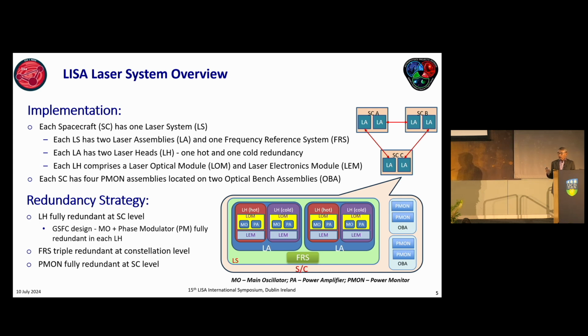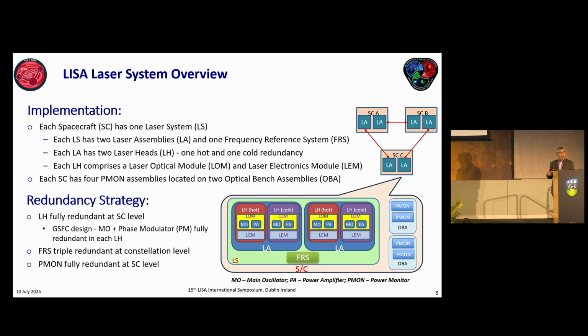And also, as mentioned by Yiwon this morning, we have the PMON, the power monitor detectors that will be located on the optical bench. There are 2 optical benches on each spacecraft, and 2 power monitor assemblies on each of the optical assemblies. For the redundancy strategy, each laser head, as I mentioned, is fully redundant at the spacecraft level.